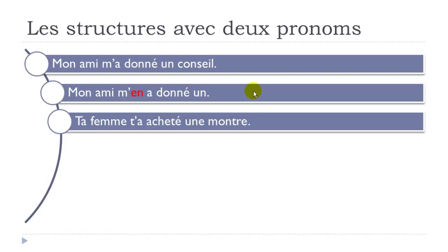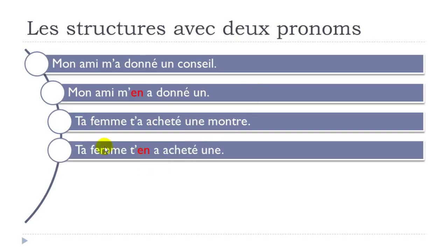Let's see now the same sentence that we had previously, but at the passé composé form. Ta femme t'a acheté une montre. Okay, so same thing here. Ta femme. So te should be here, but then, of course, with the vowel, we take away the e. En a acheté une. Ta femme t'en a acheté une. All right?